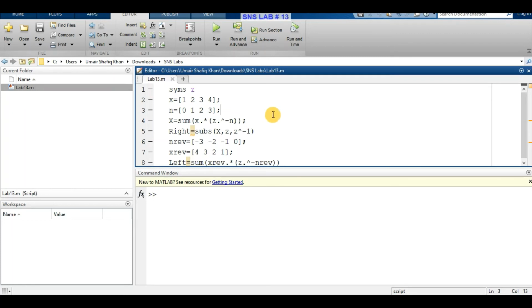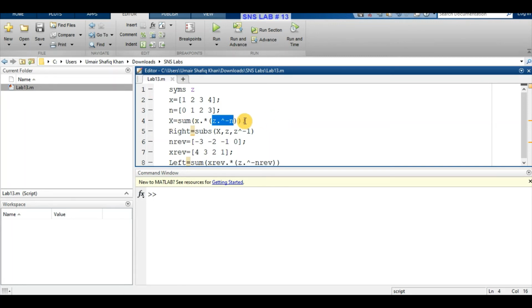First of all we will find the z transform of this signal. Here we are using summation to compute the z transform of this signal by multiplying the signal with z power minus n, as we initially studied in the z transform for the computation of z transform.